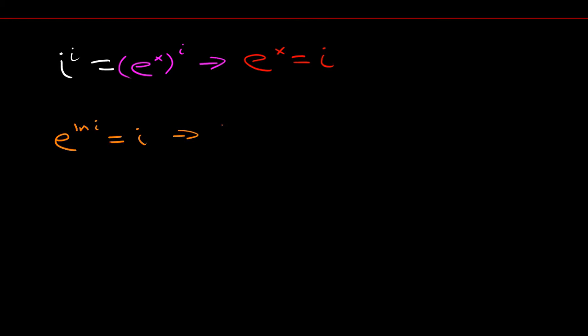This becomes e to the power log base e of i is equal to i. Well, the log base e and the e just cancel out, so we just get i is equal to i. That didn't really get us anywhere.